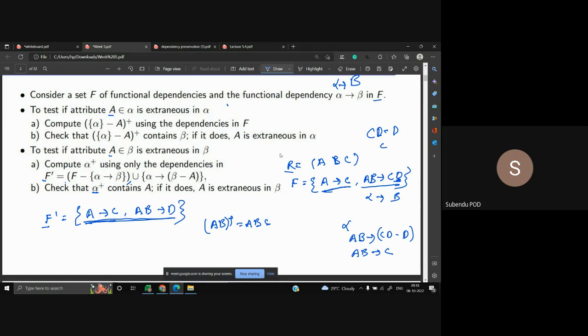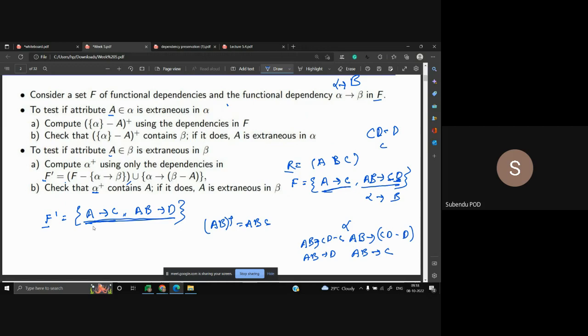This is clear. Now we check whether C is an extraneous attribute or not. F minus alpha determines beta gives A determines C. Then AB determines CD minus C, so what do we get? AB determines D. Up to that is clear.